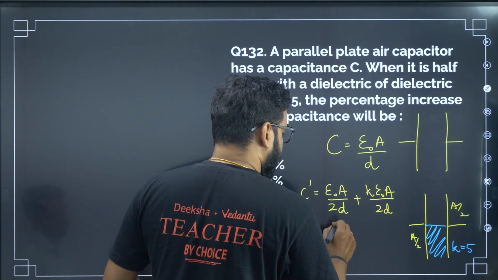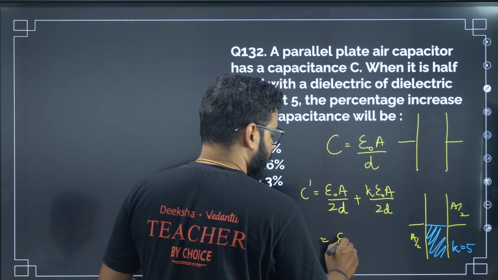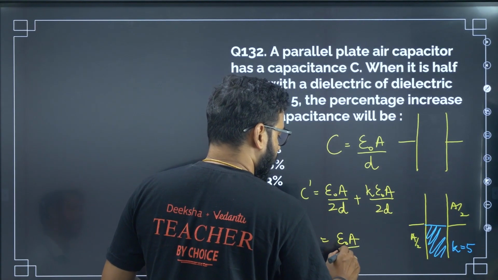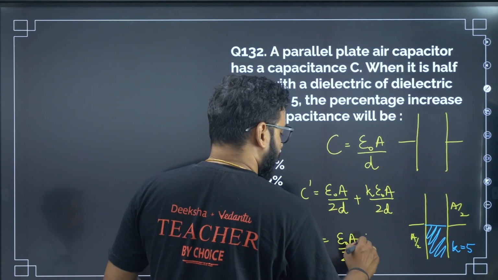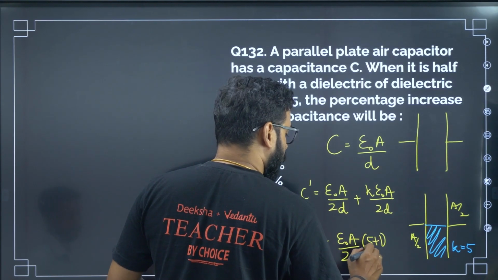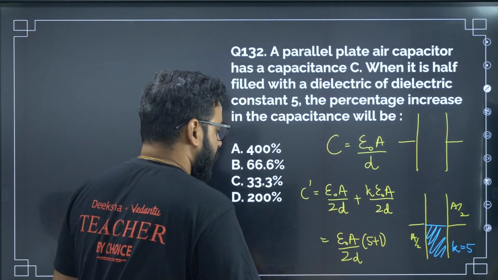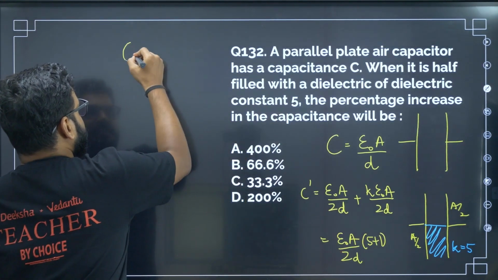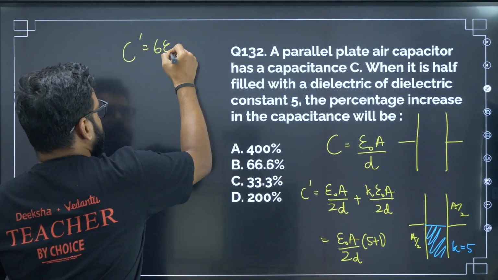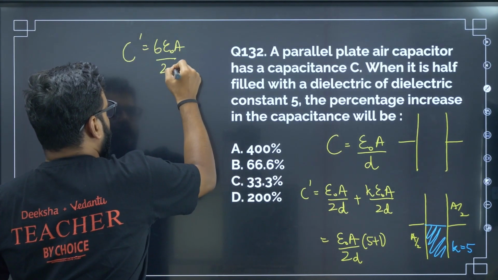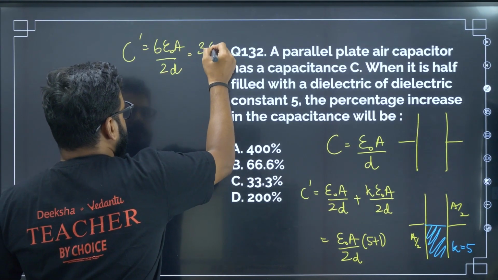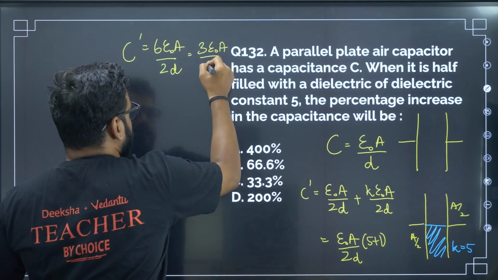Epsilon naught A by 2D is common, and this is 5 plus 1, which is 6. So ultimately we have C dash equals 6 epsilon naught A by 2D, or we can write it as 3 epsilon naught A by D.